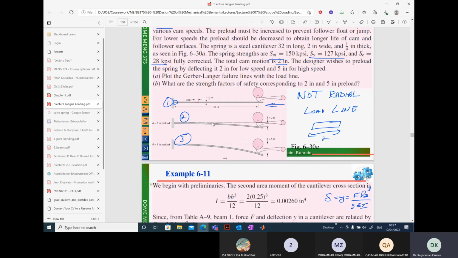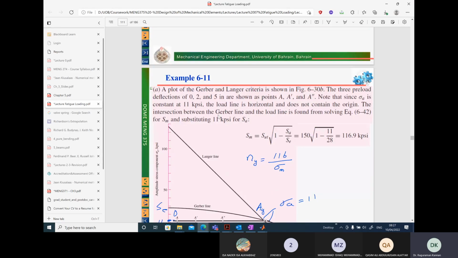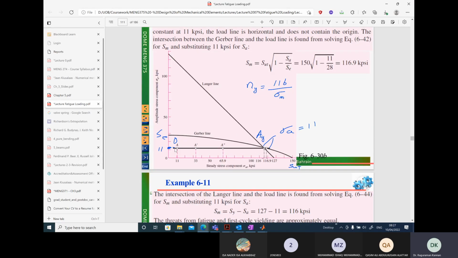The load line in this particular case was horizontal, unlike the radial load lines. We figured out the factor of safety by finding the mean stress at the intersection points between the yield line and the Gerber curves.